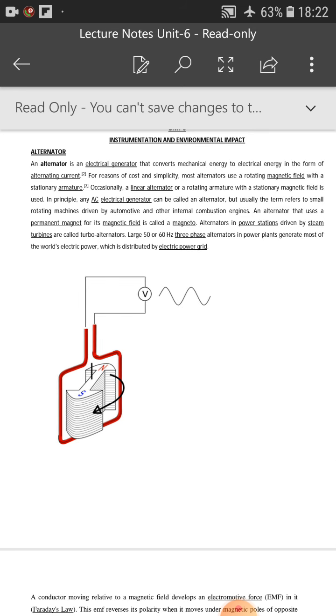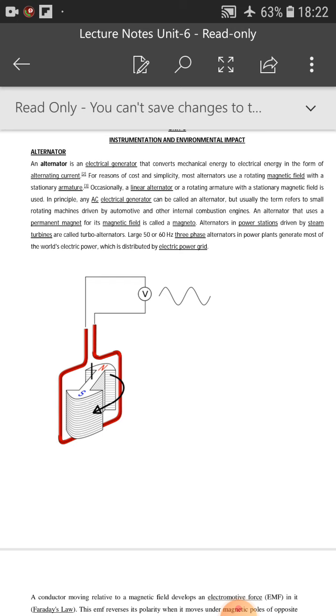Occasionally, a linear alternator or a rotating armature with a stationary magnetic field is used. In principle, any AC electrical generator can be called an alternator, but usually the term refers to small rotating machines driven by automobile and other internal combustion engines.